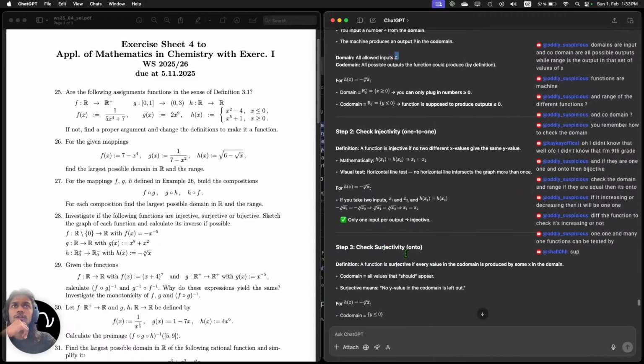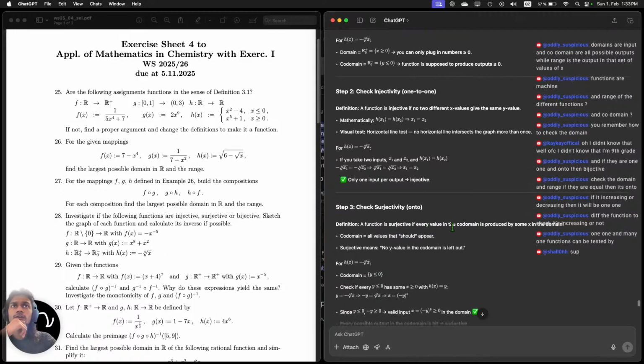Check surjectivity, onto. A function is surjective if every value in the codomain is produced by some x in the domain. Surjective means no y value in the codomain is left out. Domains are inputs and codomains are all possible outputs, while range is the output for that set of values of x.